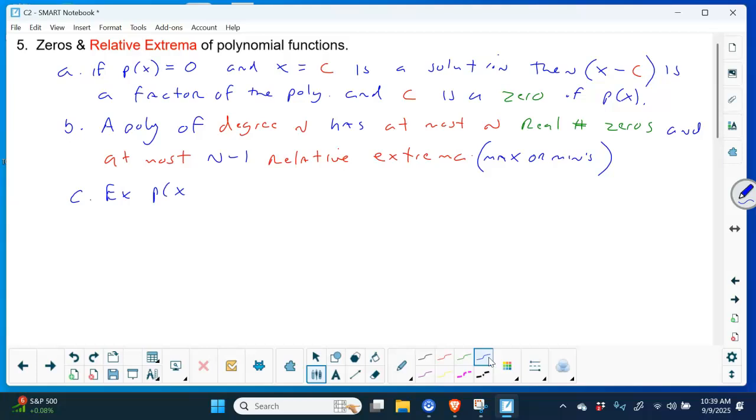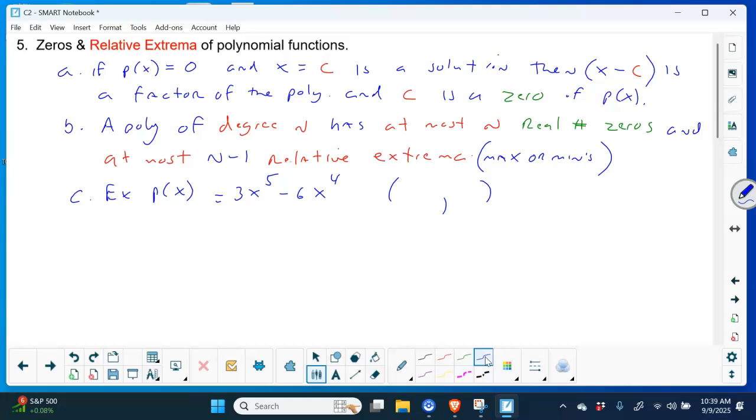Let's suppose we have P of x equals 3x to the 5th minus 6x to the 4th. Okay, before we do anything, let's figure out the end behavior. So remember, end behavior, we look at the lead coefficient first. It's positive.